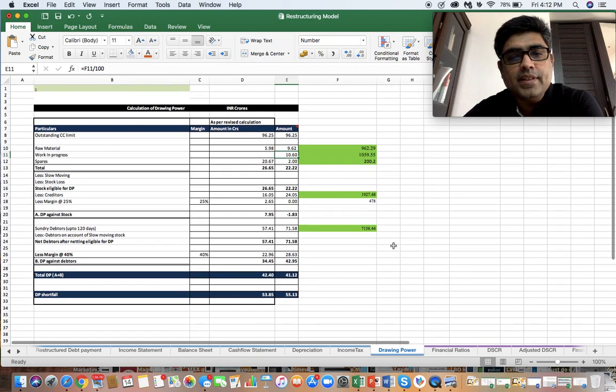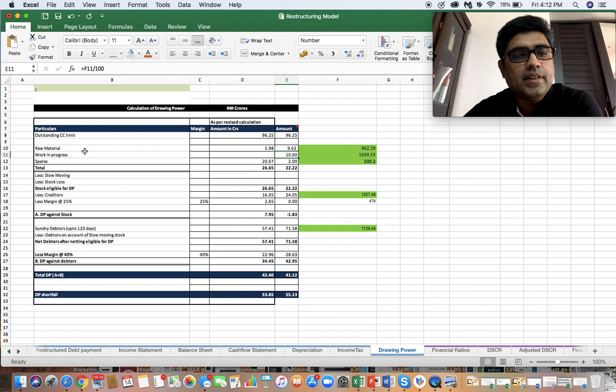Drawing power is essentially what's the extent of money which is already blocked in context of raw material and work in progress and spare parts, right? And what is the amount that is a shortfall on the present working capital which has already been sanctioned. So what is the extent that can still be realized?